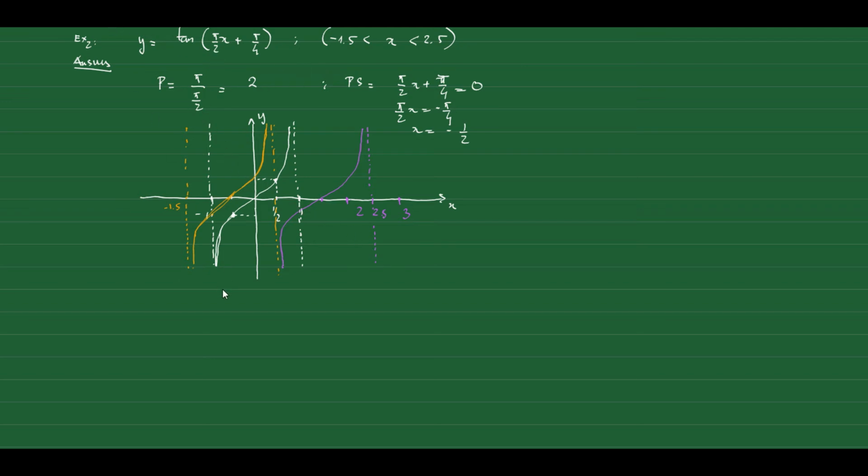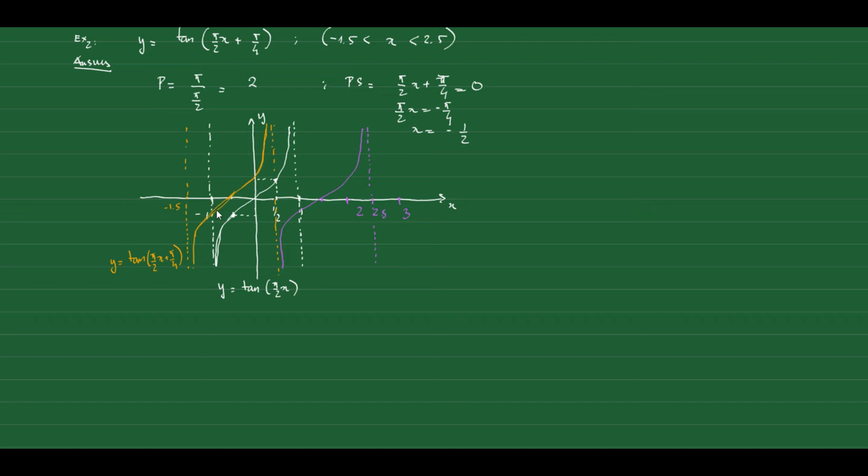So the original function, the one in the first color, will be y equals tangent of pi over 2 x only. But when we do the yellow, it is y equals tangent of pi over 2 x plus pi over 4.